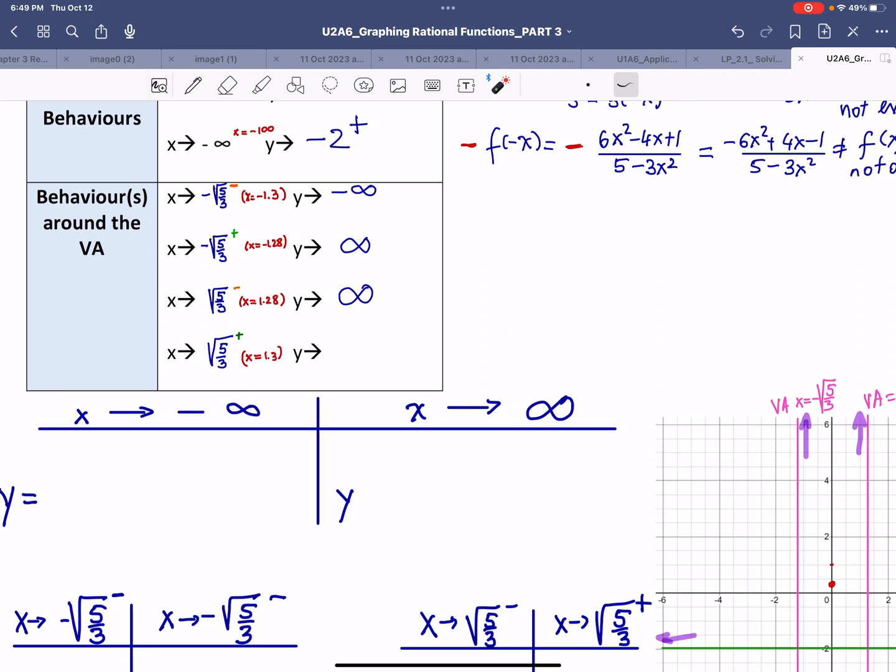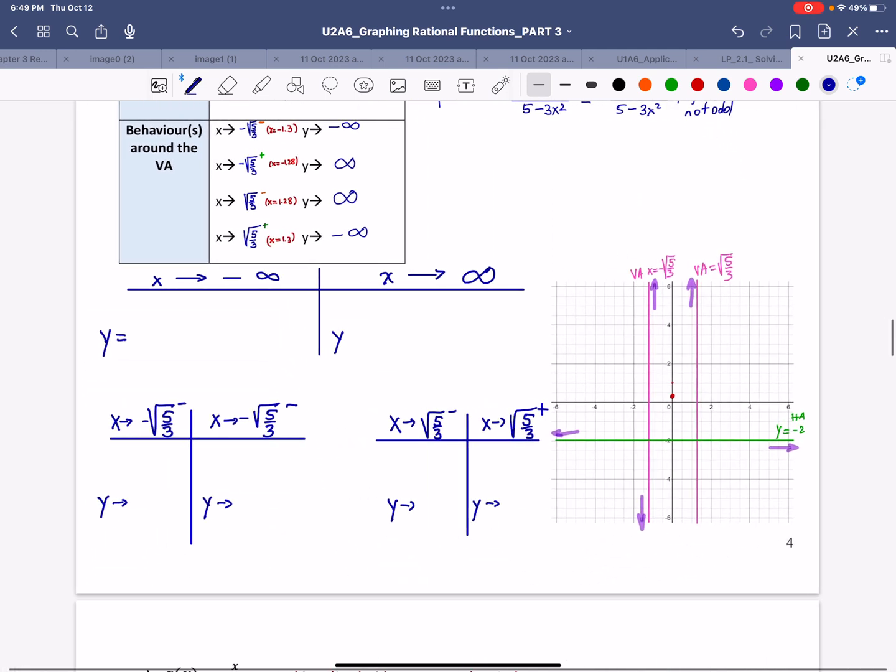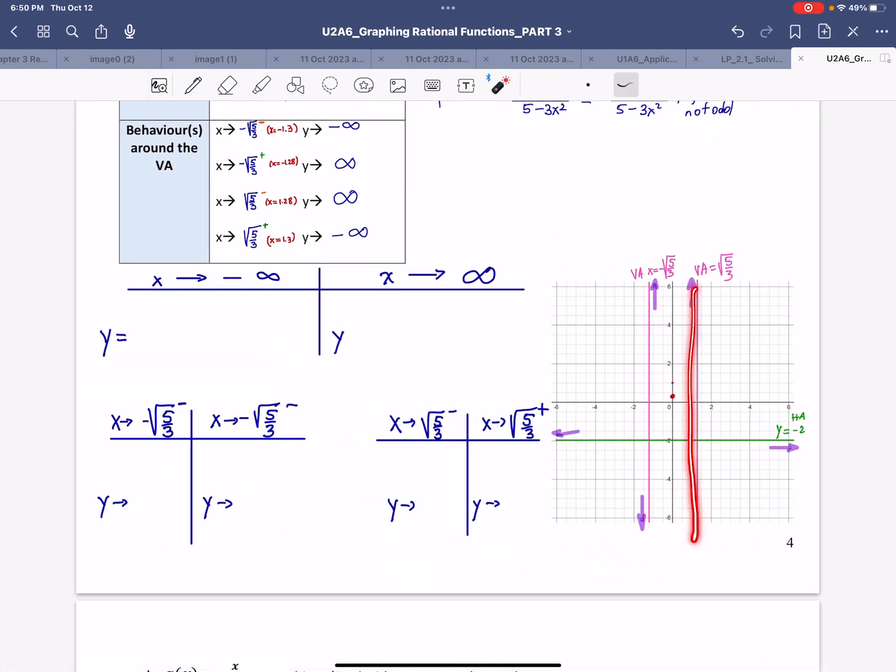So this gives negative 233, which tells me that the y value's tendency will be towards negative infinity. So on the right-hand side of this vertical asymptote, the function is going all the way to negative infinity. So right here. So we know the end behavior.